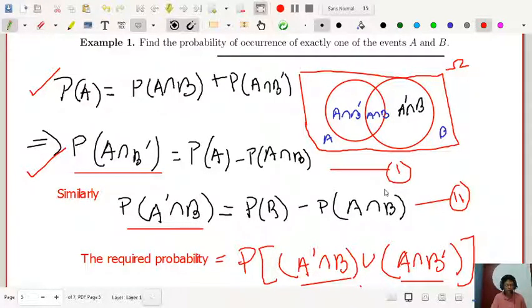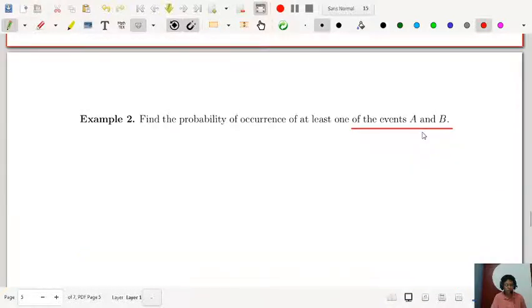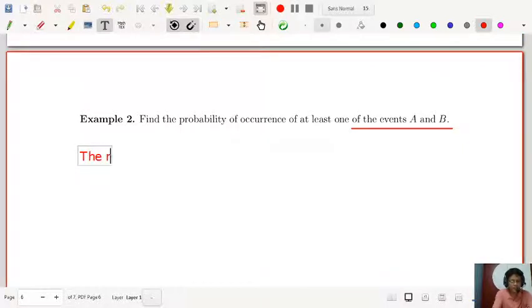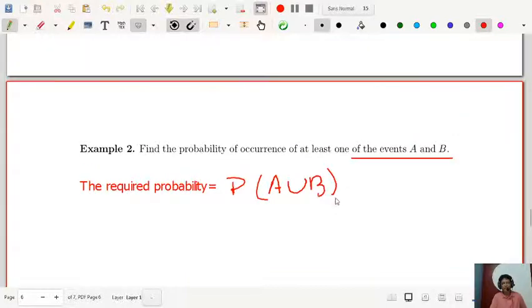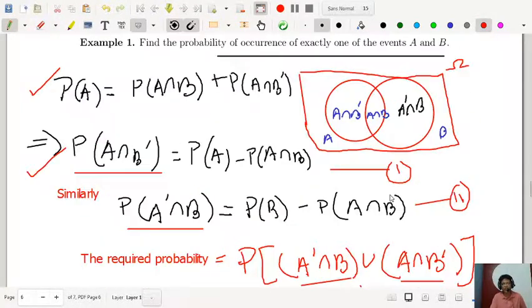So your required probability will be, actually I want at least one of the events A and B. So I'm writing the required probability here directly, using the previous knowledge. Required probability equals the probability of A union B. The union concept is the concept of at least one of the events, right?